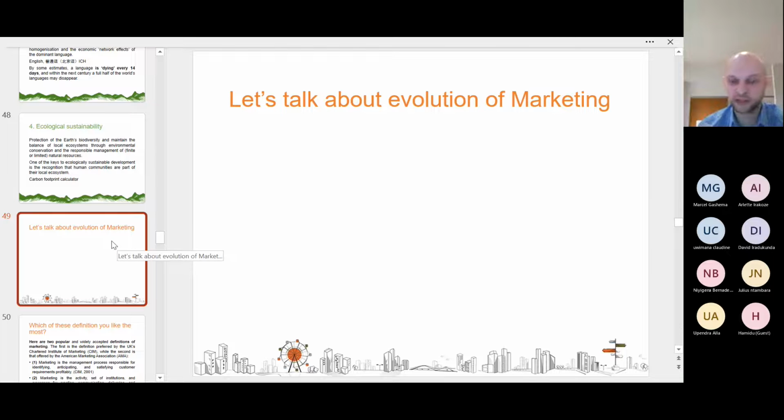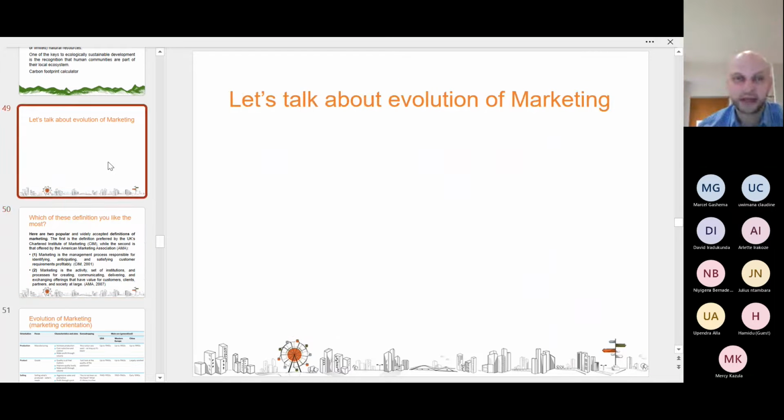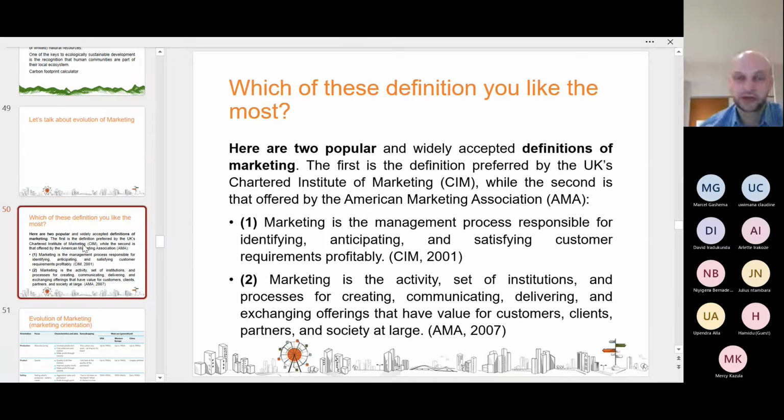So as you remember, I mentioned that there is a concept of marketing like sustainable marketing. So let's see what marketing is and which evolution is best, and let's discuss the marketing orientation. So first, let me share two definitions for marketing, which are quite commonly accepted nowadays.